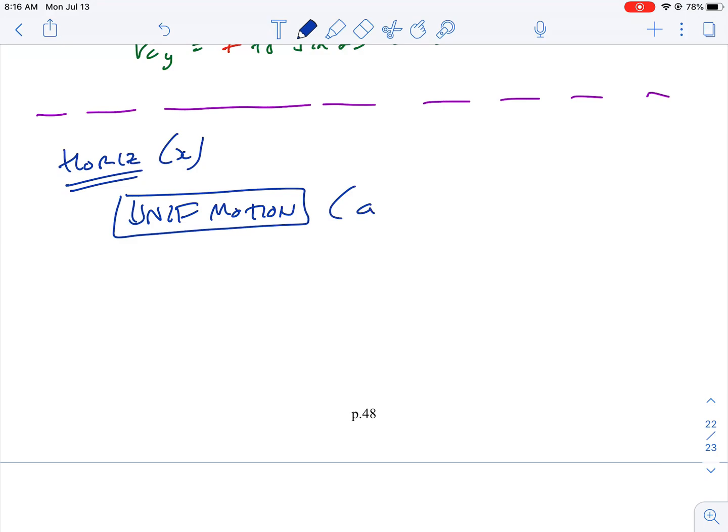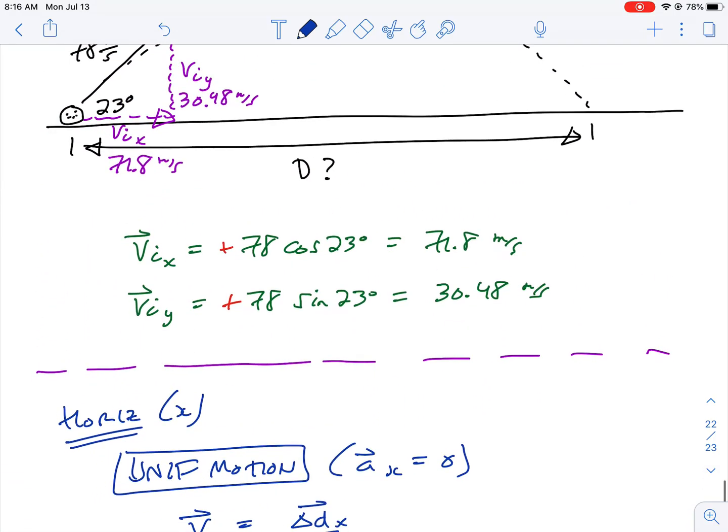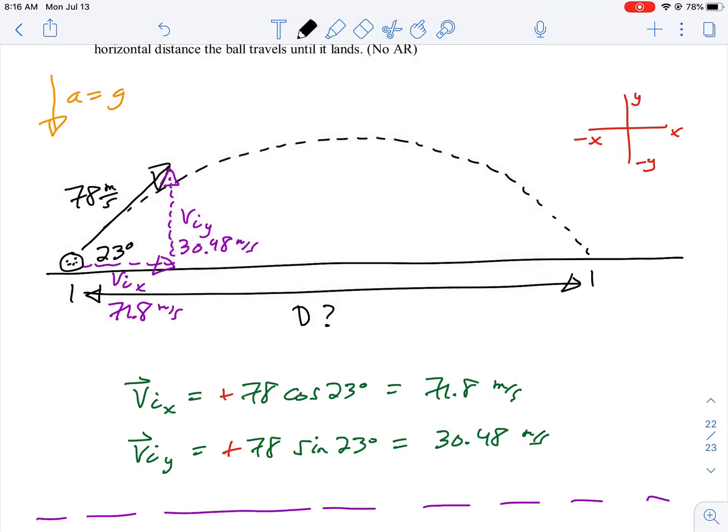And again, because the acceleration in the x is equal to 0, what equation are we allowed to use? And that's going to be v is equal to delta d over t. Make sure you put an x here, x here. And if we look at vx, we already know what that is. I'll just show another few locations, just like we did earlier.